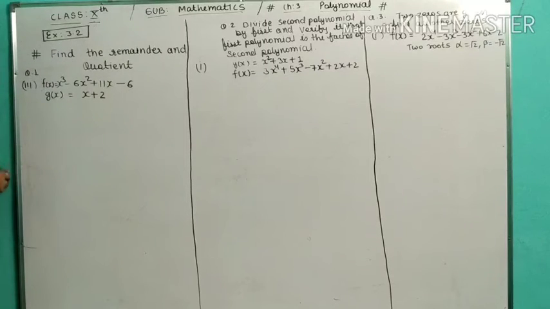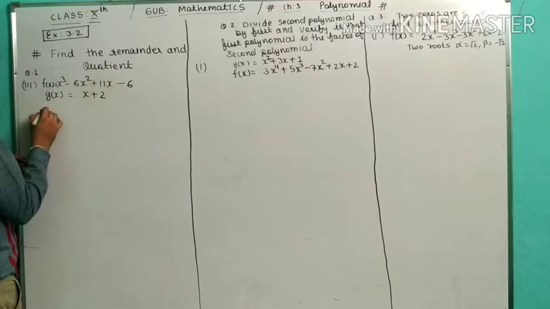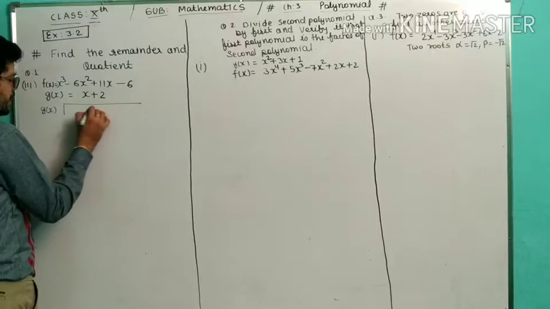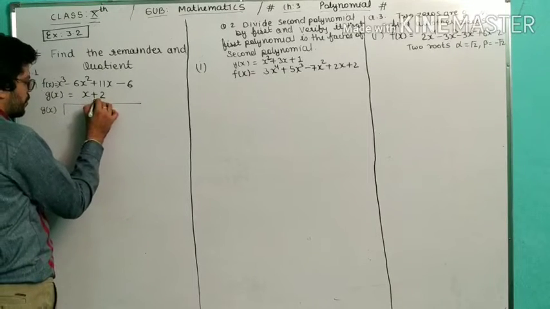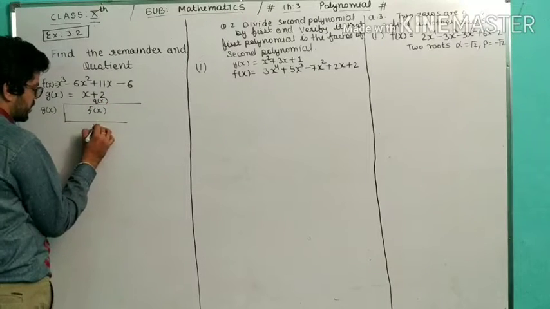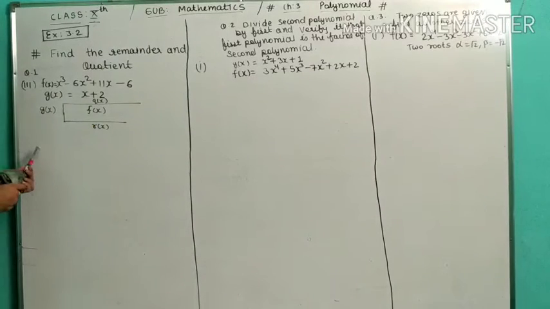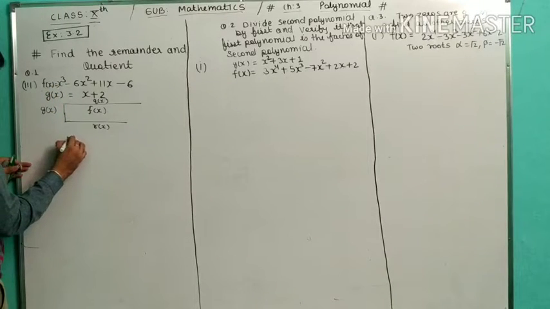So what do we have to do here to find the remainder and quotient? We write g(x) and f(x). Whatever value we get is q(x), and whatever the final answer is, it is r(x). So I am starting here. If you face any trouble, you can comment in the comment section and I will revise the video with this question.